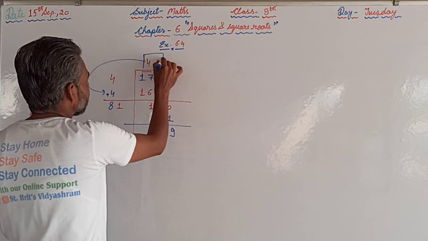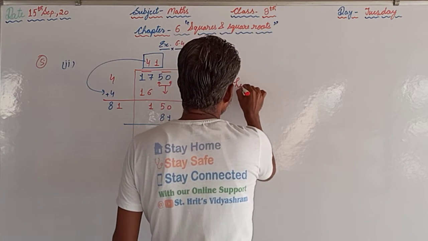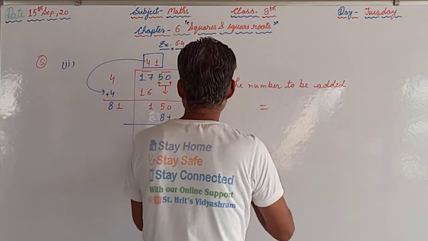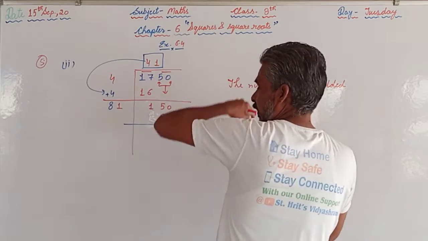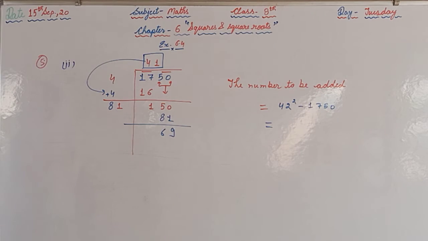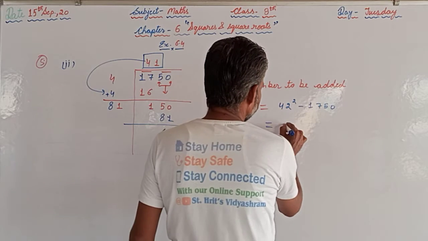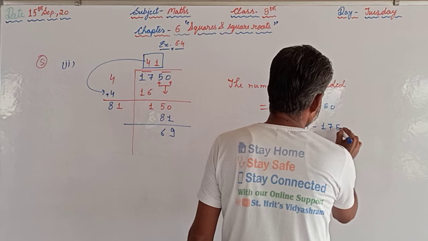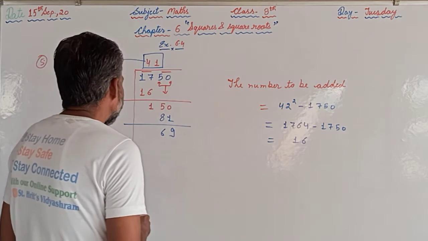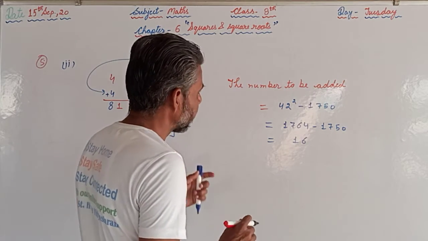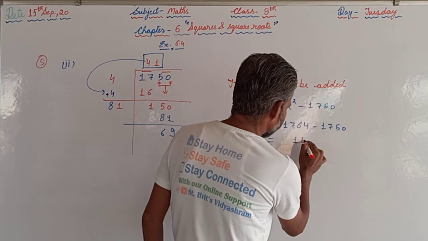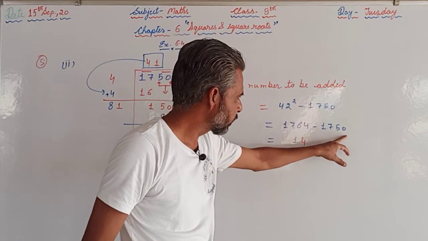So now we will see this 41. So the number to be added will be equal to, now this is 41, so the next number will be 42. 42 square minus 1750, and 42 square means 42 into 42, that will be 1764 minus 1750, so we will get 14, not 16. 1764 minus 1750, the 14 will be remaining.